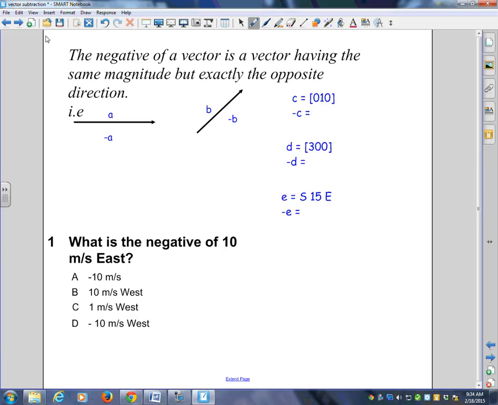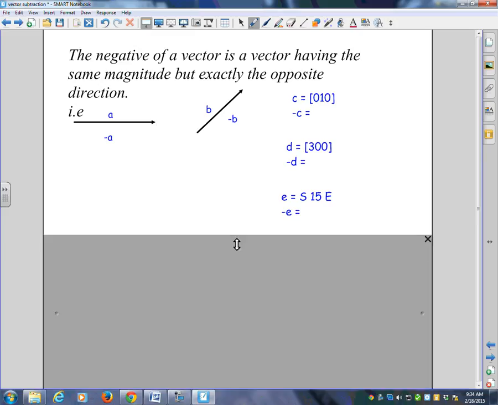So what is it? The negative of a vector is the same vector, same magnitude, same length, same size, but exactly the opposite direction. Not sort of the opposite direction. Exactly. Okay, so if A is that way, well then negative A is going to be pretty straightforward.